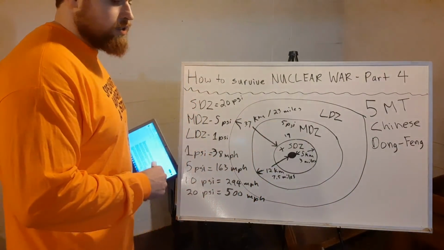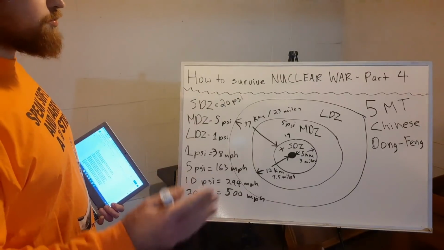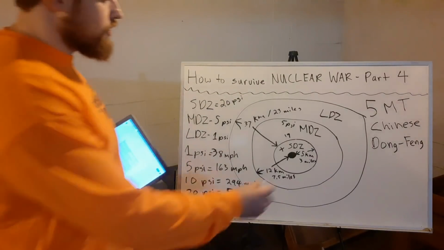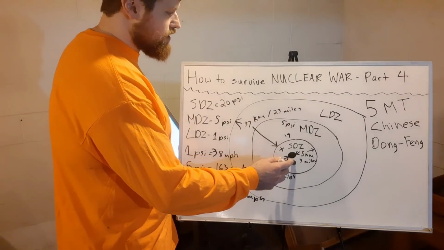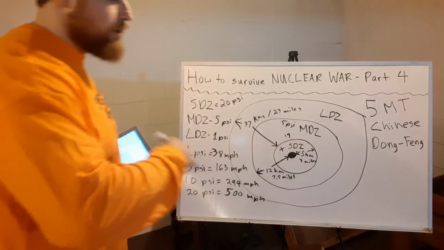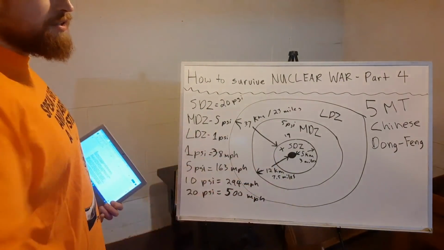Just imagine, like I said, the Twin Towers, when the Twin Towers fell. If you're in a subway in the SDZ, the whole area above you is going to look like 50 Twin Towers.